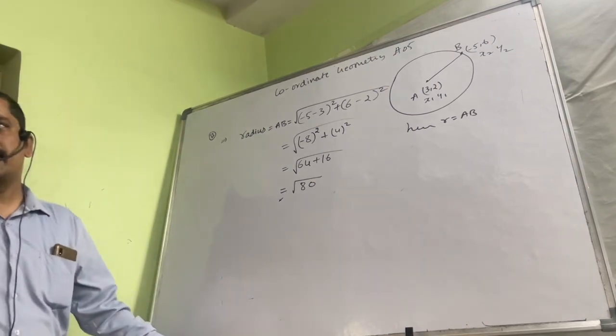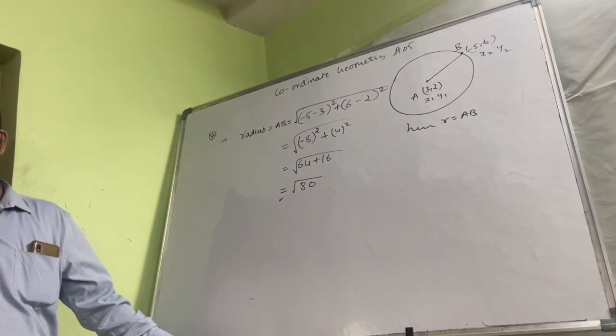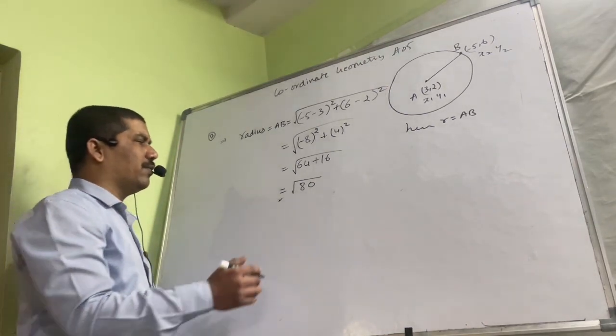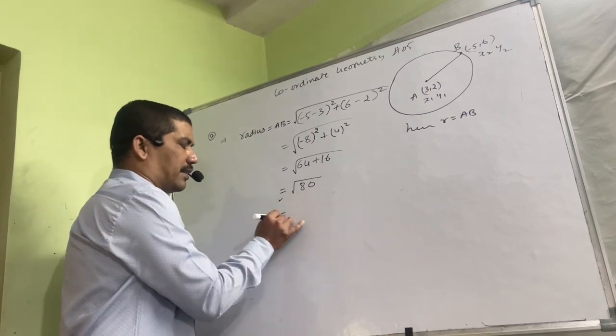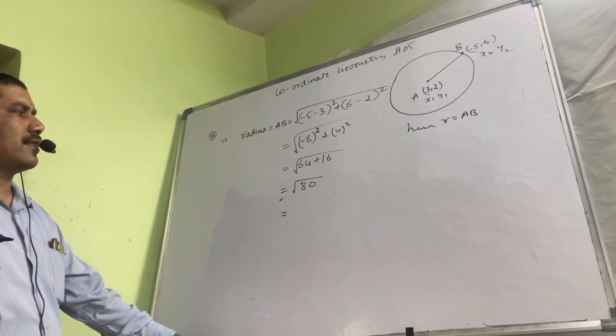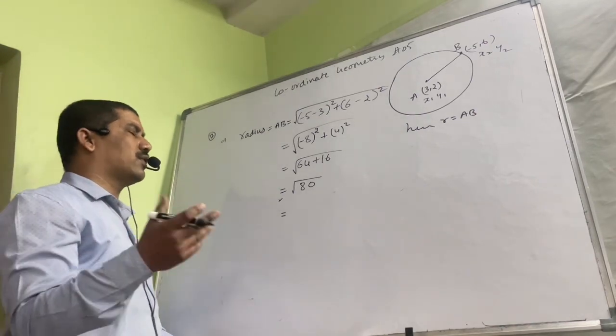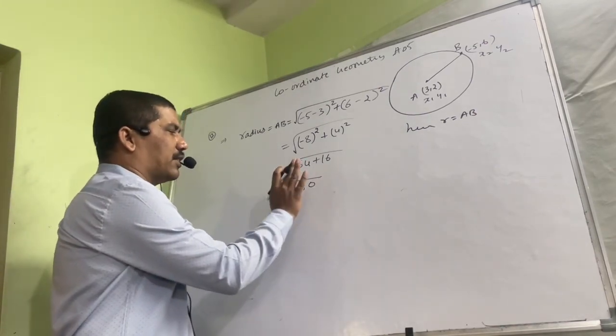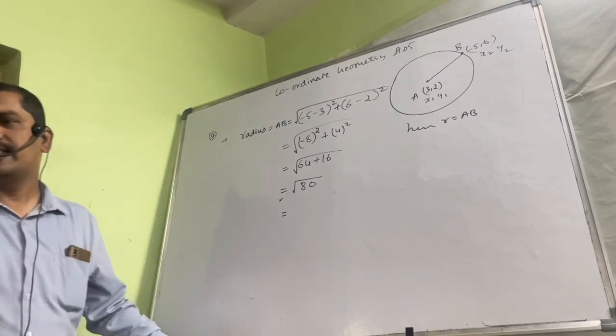Right? Clear? So, square root of 80 can be written in some other form. Like this, 80 can be written in other possibilities, if squares you should get. Or else you leave it like this only, nothing happens. Right.